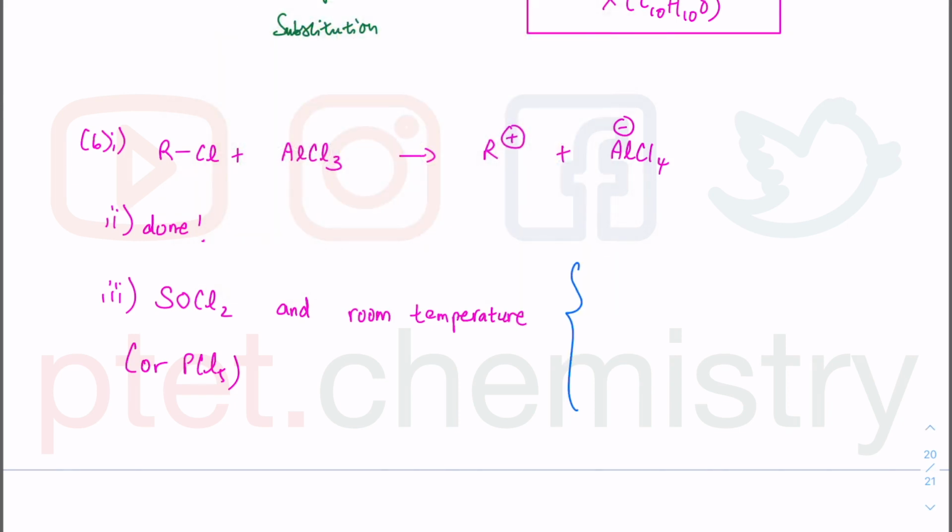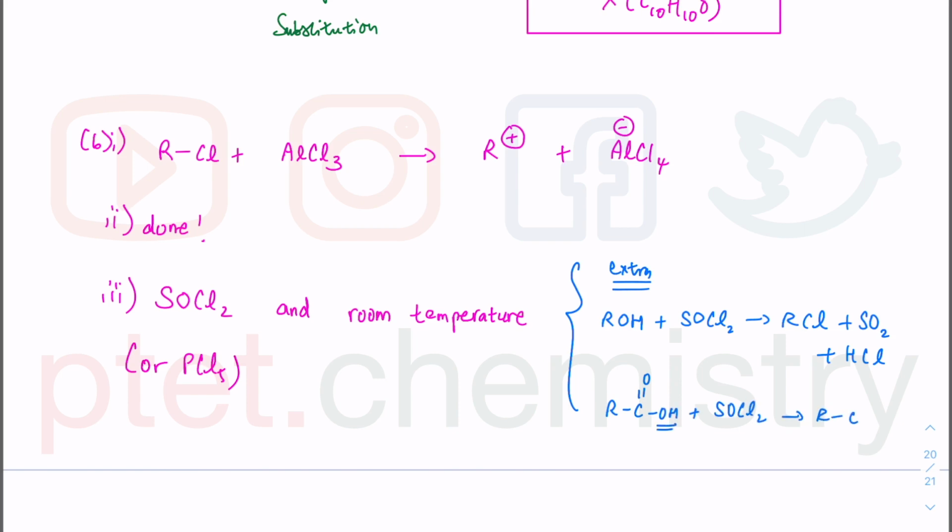In terms of the equation, these are the extra thing from AS. When you have ROH, when you have SOCl2, the ROH will get converted to RCl. You will kick out SO2, you will kick out HCl. So you can imagine when you have carboxylic acid, you're going to do the exact same thing with the OH.